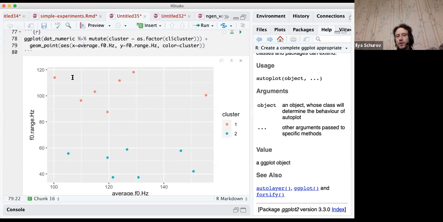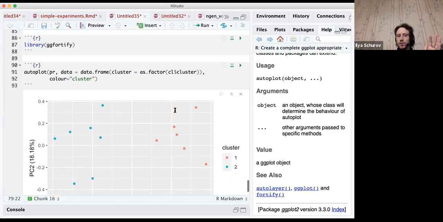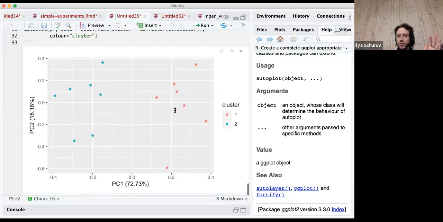And here I just used two columns from my data. This is average F naught, and this is F naught range. And in this case, I use principal component analysis to get my coordinates.